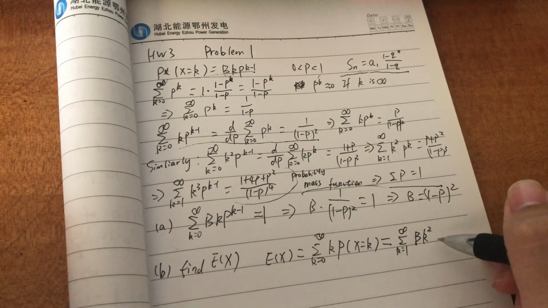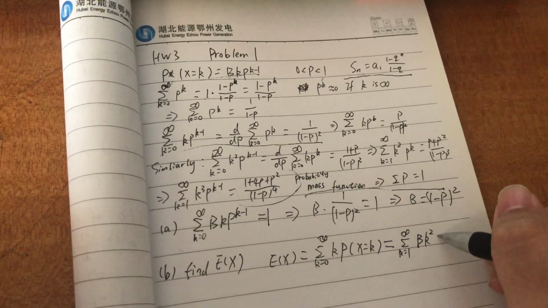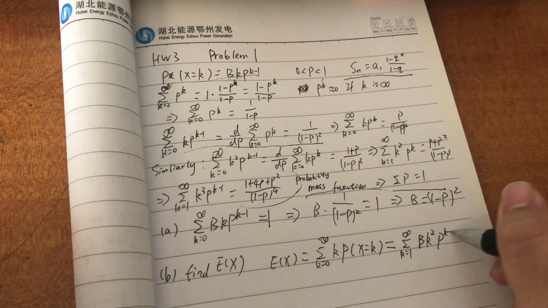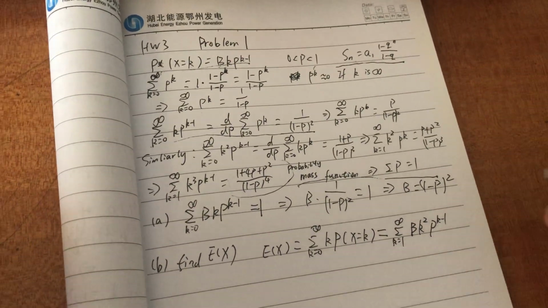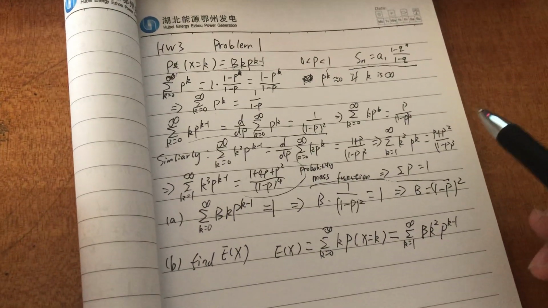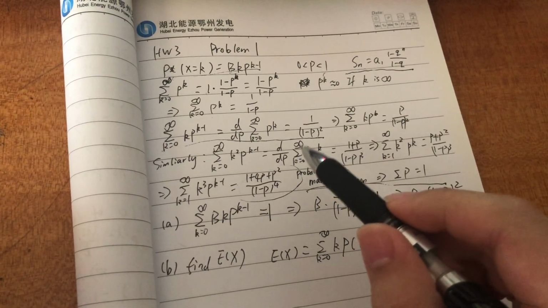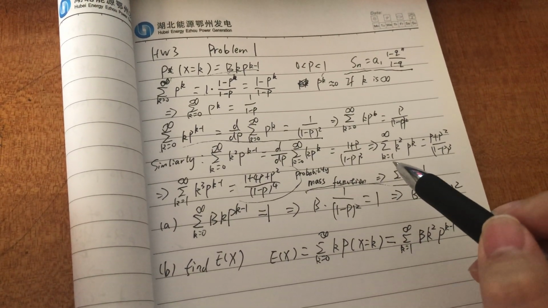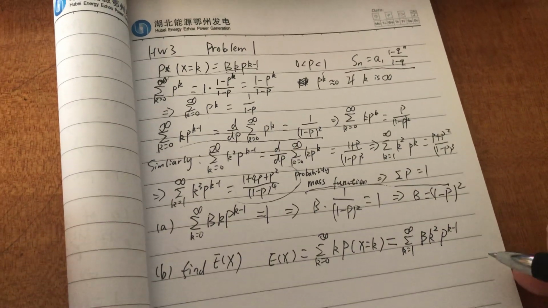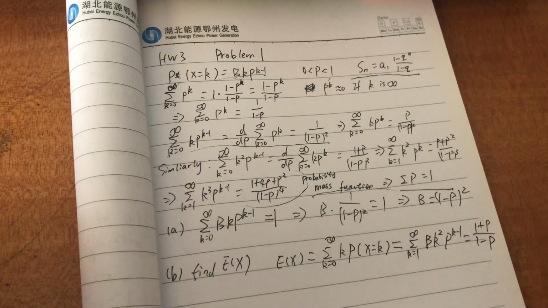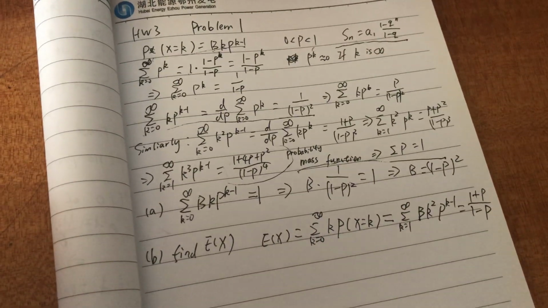We have one more k, so k^2 times p^(k-1). We just plug in the function, and we also use the function we got above, which gives 1 plus p over 1 minus p. Okay, that's the second one.